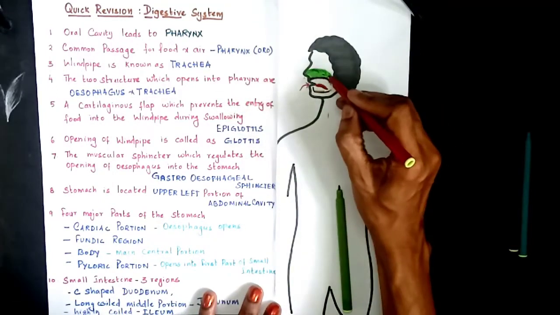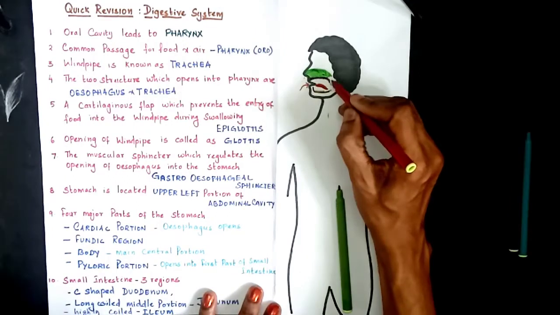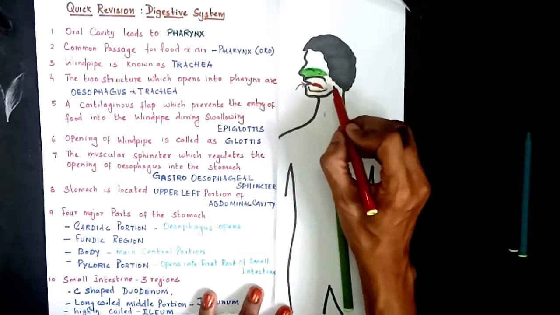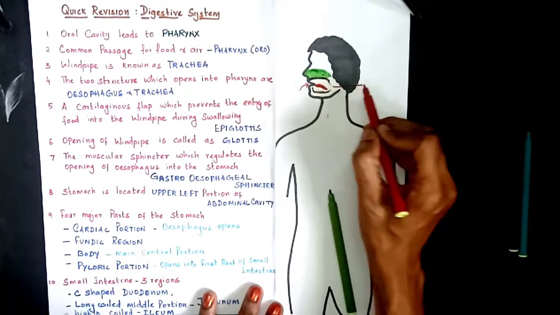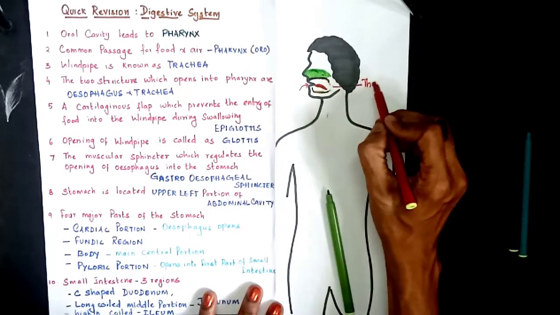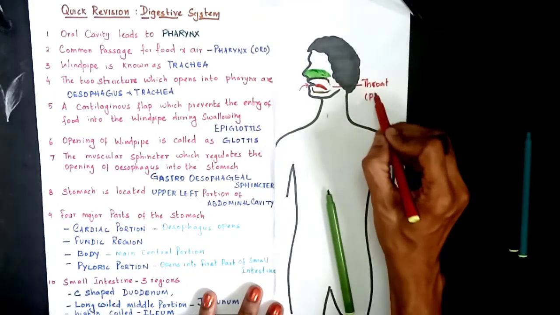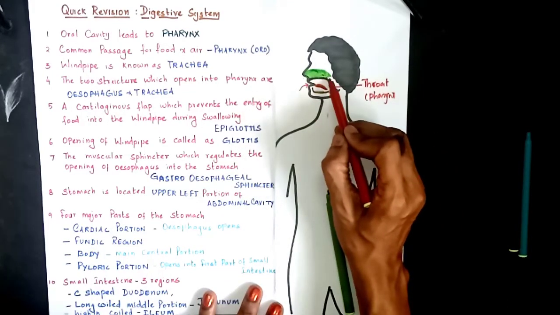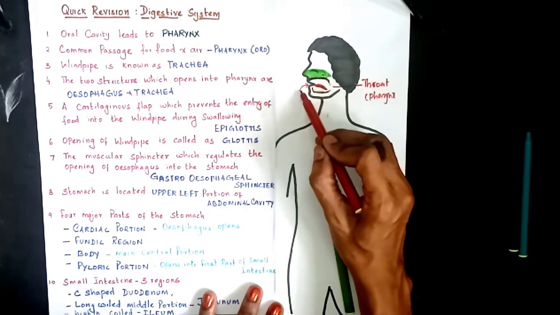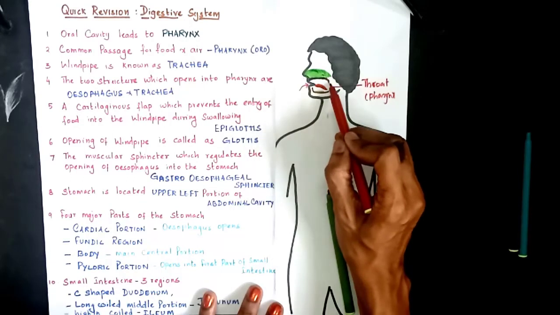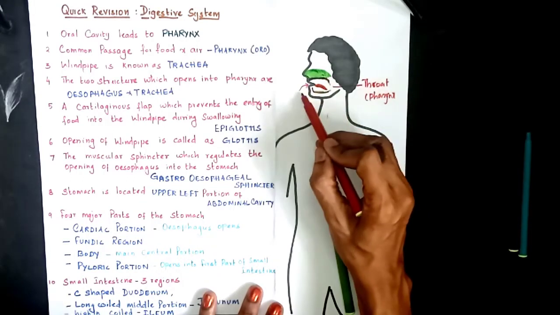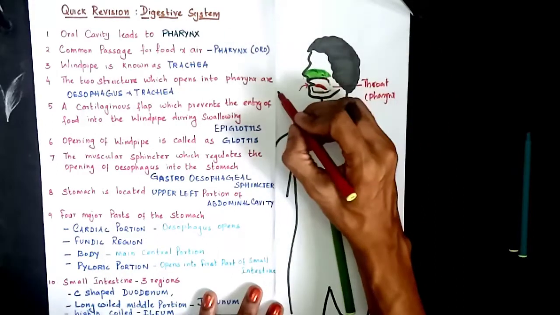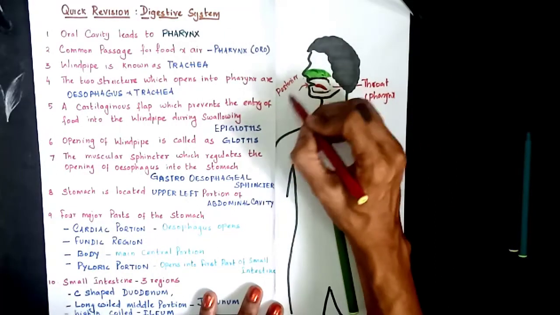So here the nasal cavity and the oral cavity has a common opening, which you call as throat or pharynx, okay? Throat or pharynx. The shaded portion is the nasal cavity, has a back end opening, and the oral cavity also has the opening at the back end, that is the posterior region. Posterior means back, okay? Posterior meaning back.